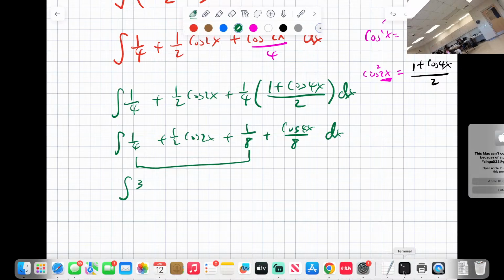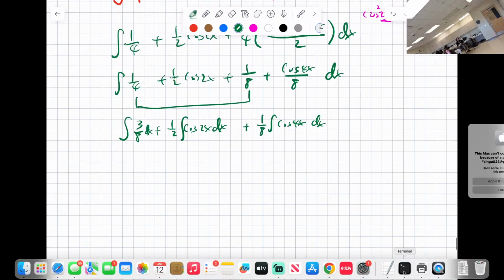Wait, hold on a second, 3/8. And then plus 1/2 cosine of 2x dx, and then plus 1 over 8 integral of cosine of 4x dx.